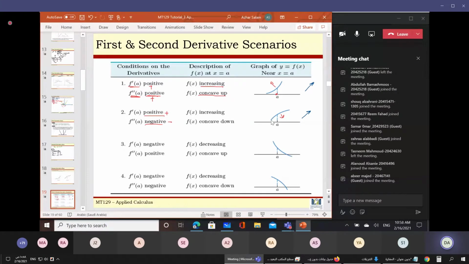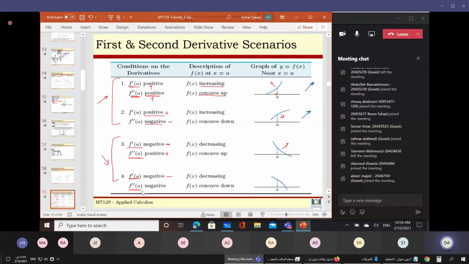If the first derivative is positive, but the second derivative is negative, it will be increasing but concave down. These are the possibilities for an increasing function. And these are the possibilities for decreasing. Here f dash is negative at this point A. If f double dash is positive, it will be decreasing but concave up.